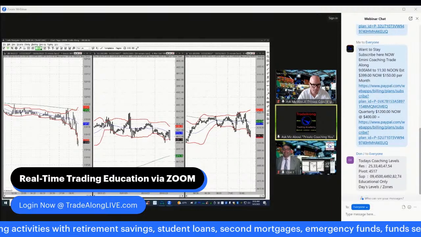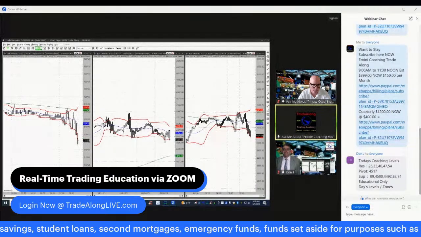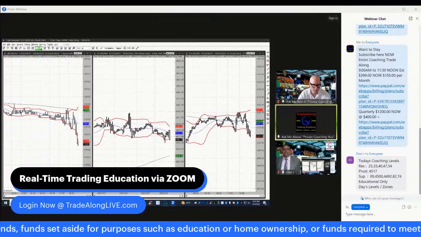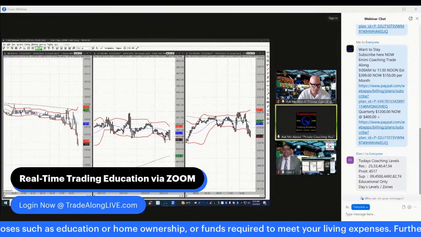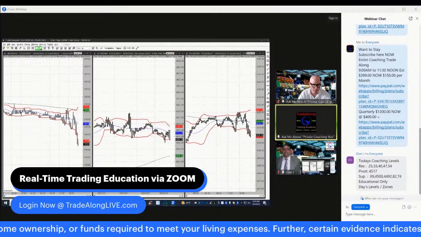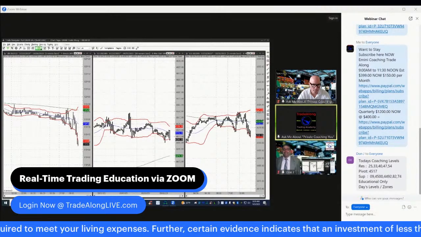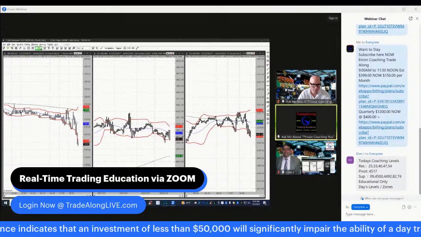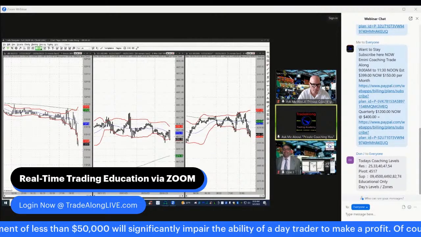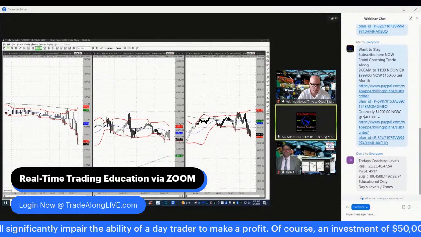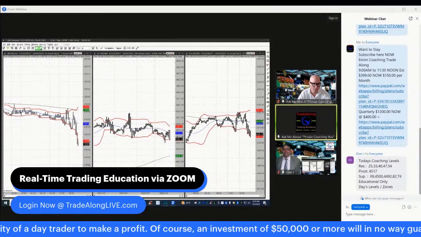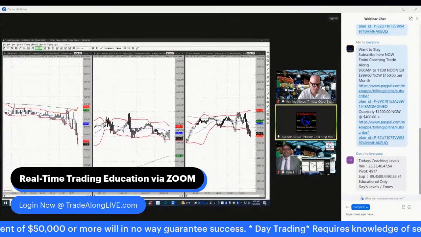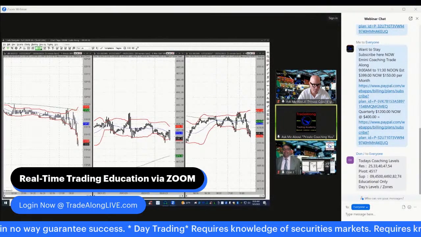All right, we're down ticking here a little bit, looking at the even area as our next support level. We do have a number coming out momentarily.